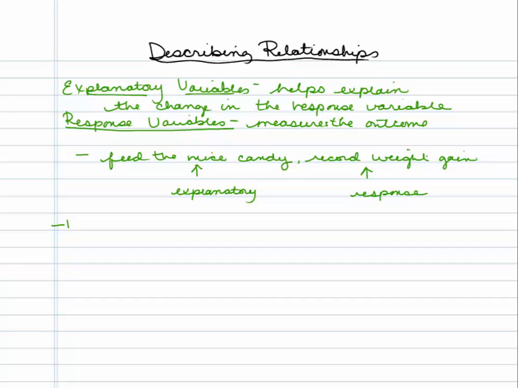So it's not going to be appropriate to do a histogram or a bar graph or, what other things were we doing? Dot plot. These were all measuring one variable.